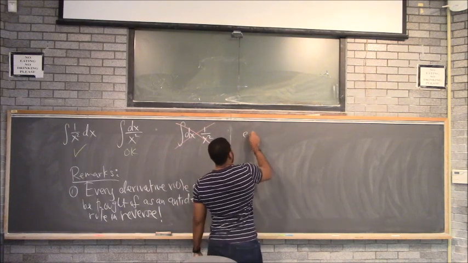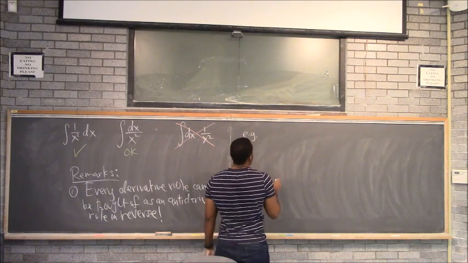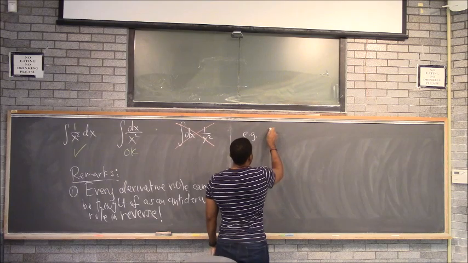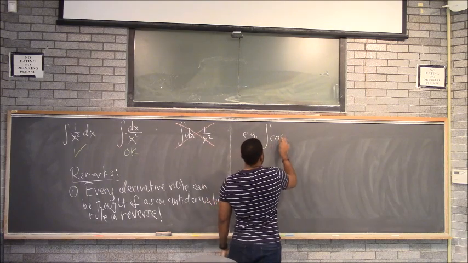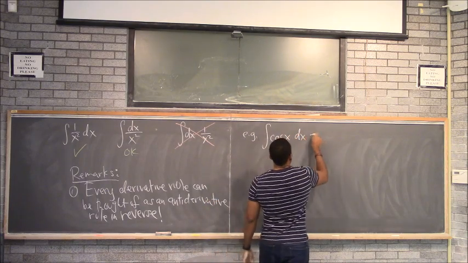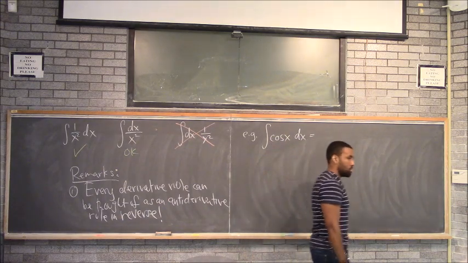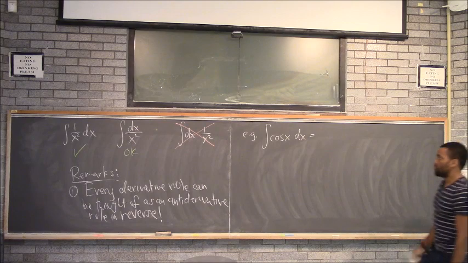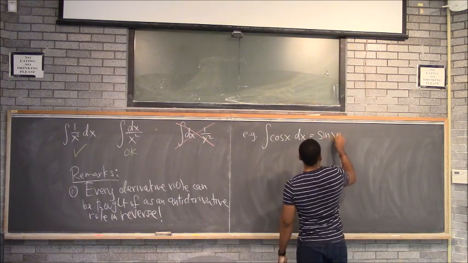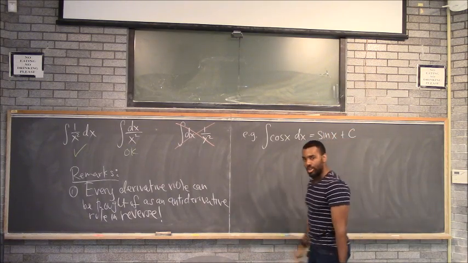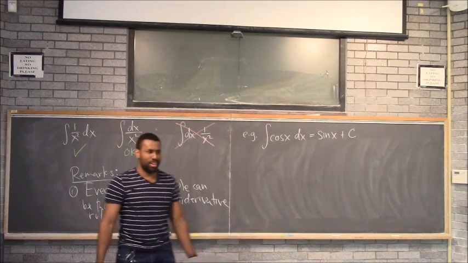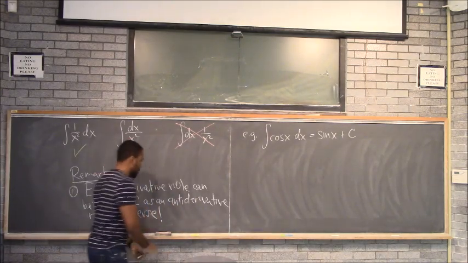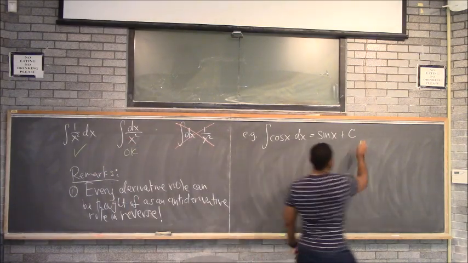So, for example, if I wanted to find the antiderivative of cosine of x, what do you think that's going to be? Sine of x plus c. Well, how did you know that? I didn't derive that for you. Well, you had a rule, right?